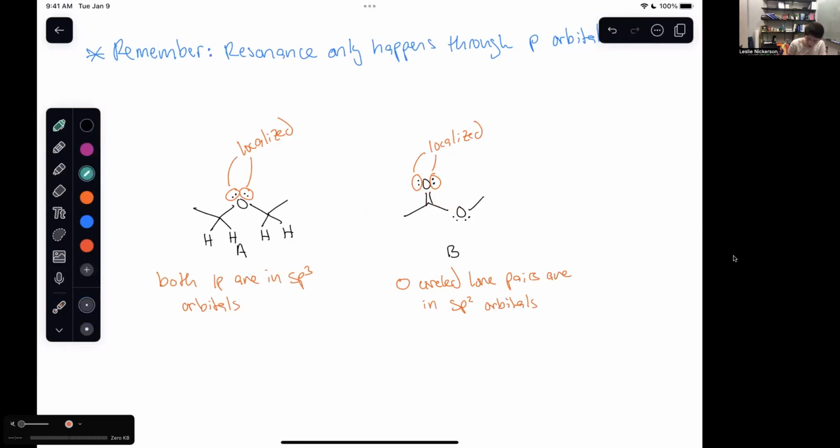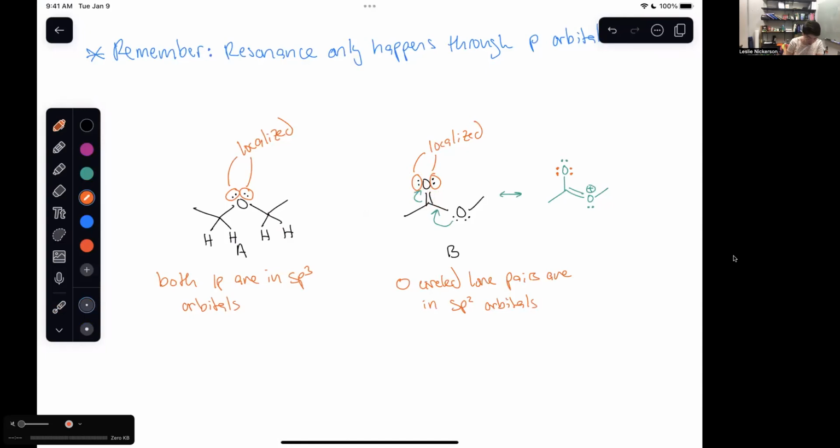I do have a pi bond nearby where I can think about doing some sort of resonance move like that. And I'm going to draw the original two lone pairs in orange there.